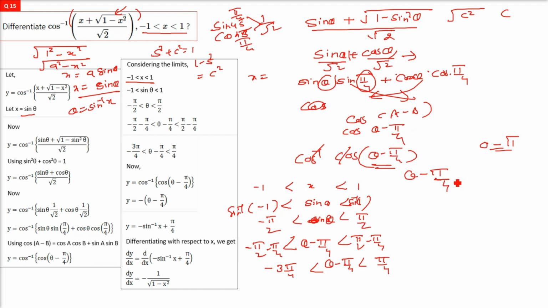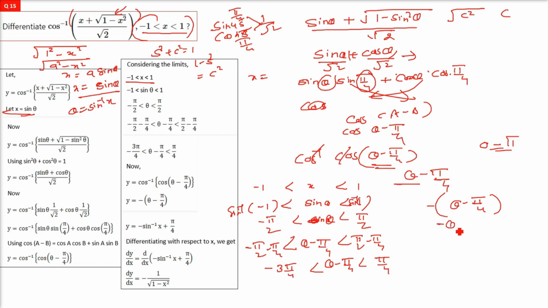Alright. So whenever you take this out and there is a limit which you are surpassing, when you cancel cos and cos inverse, this will be negative of whatever is going to come inside. So it will be negative of theta minus pi by 4. I hope you got the idea. Simply, if you do it directly, you will get theta minus pi by 4 and you will start differentiating it.